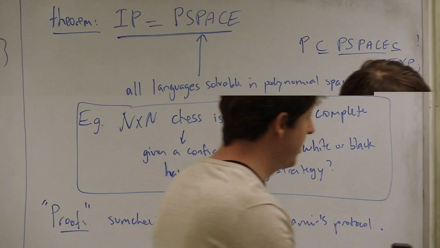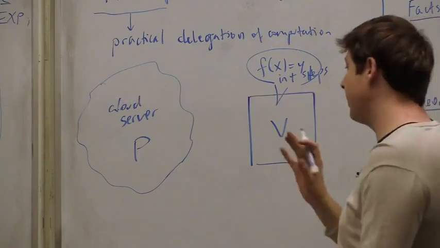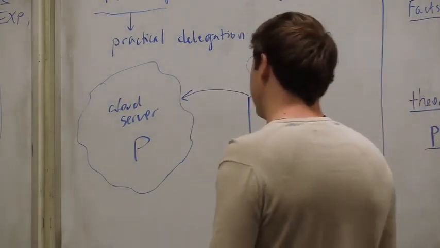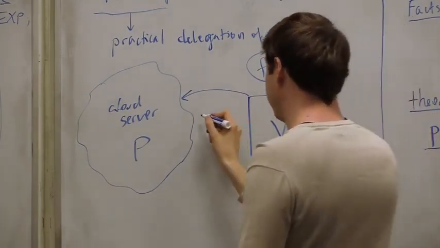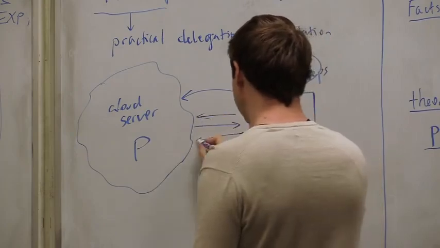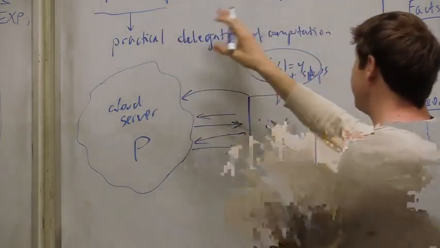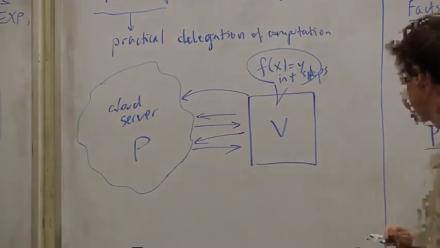And it has access to a powerful cloud server, which it doesn't trust, and which acts as a prover. But the cloud server has a lot more computational power than the verifier does. So the verifier could say, you know what, you do the computation, just tell me the answer and convince me that that's the case, because I don't trust you. So they're going to engage in some sort of interactive proof or some other related proof.